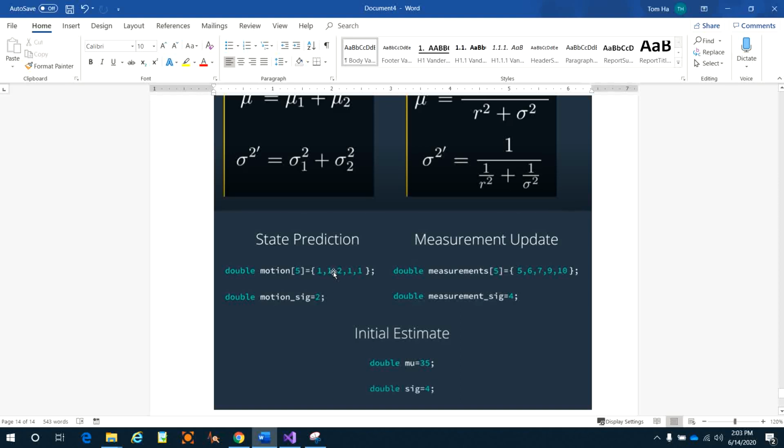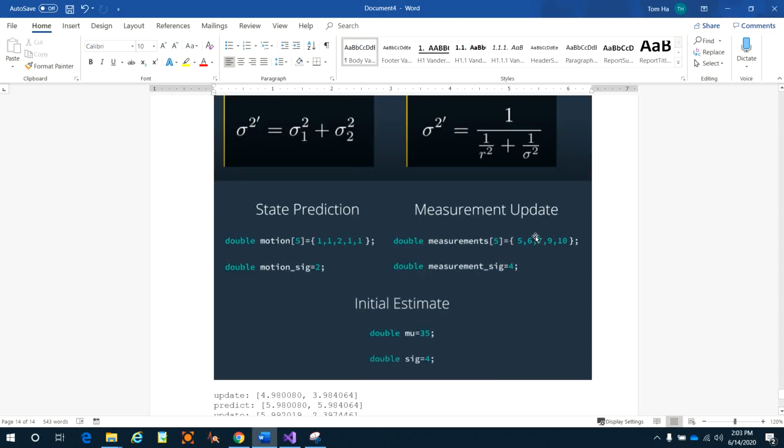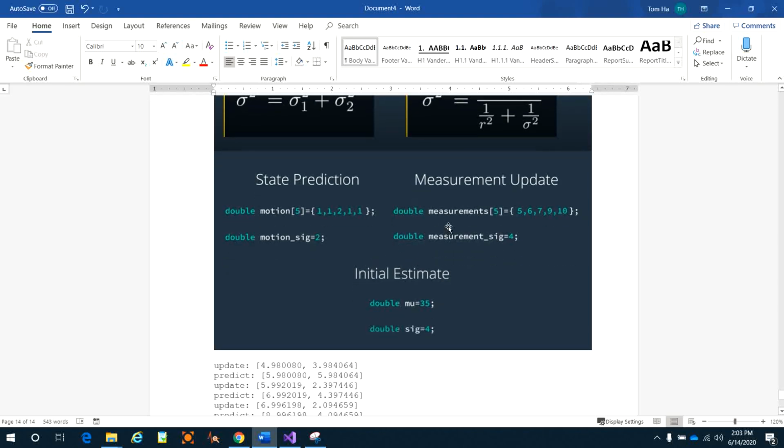Okay, how does it give you a really good estimation, right? For example, the measurement update and the prediction right here. You have the value from the measurement from the sensor. For example, your sensor measures 5 at time t equals 0 and 6 at t equals 1.